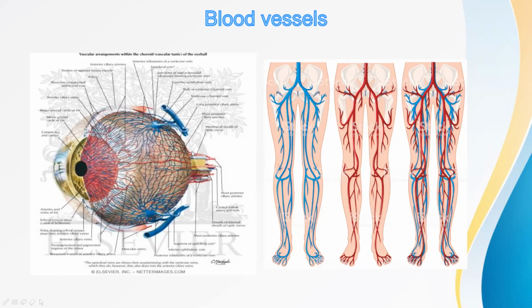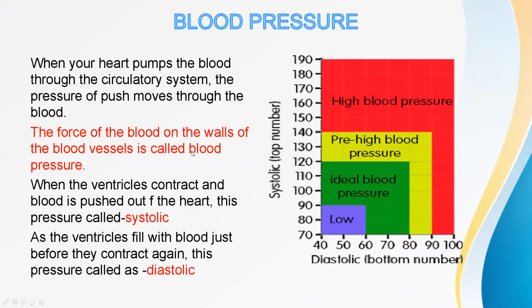Blood pressure. Normally, let's imagine you have one air balloon. When you sit on this balloon, your weight pressure will distribute throughout the balloon. All the parts of the balloon will get the pressure.